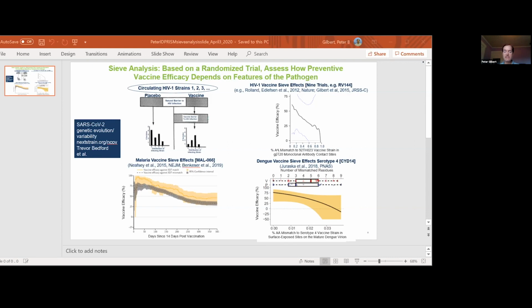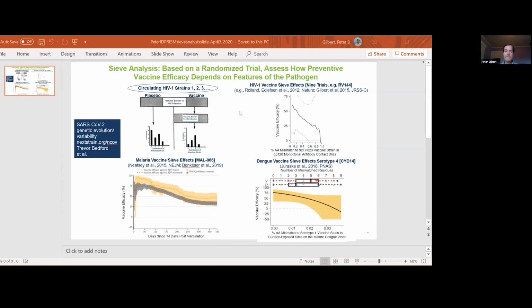So what sieve analysis does is it analyzes the genetic characteristics of the viruses that infect volunteers in these VE trials and asks the question, how does the level of protective vaccine efficacy depend on the features of those exposing viruses? Over the years, we've had several students work on these projects and develop statistical methods and study several genetically diverse pathogens.